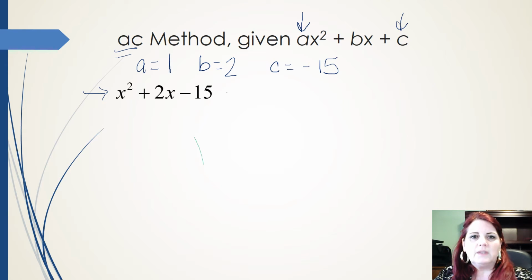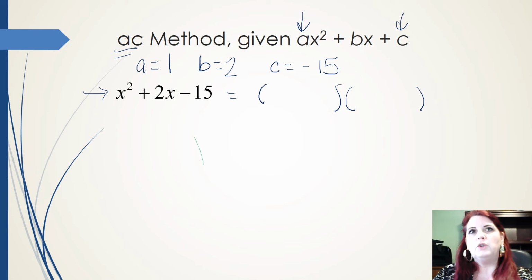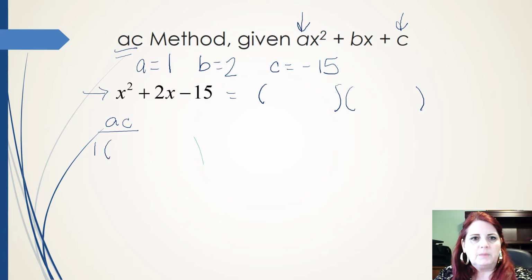I want to get this to be two binomials being factored together. It's like the undoing of the FOIL method of distribution. So I'm going to look for what is A times C. So A is 1 times negative 15, and that equals negative 15.